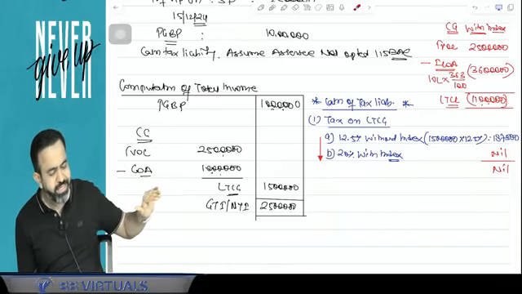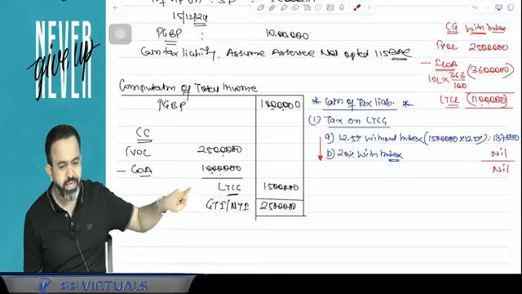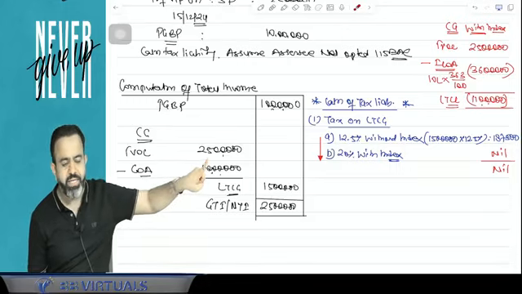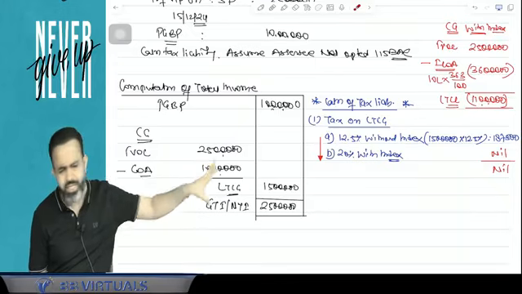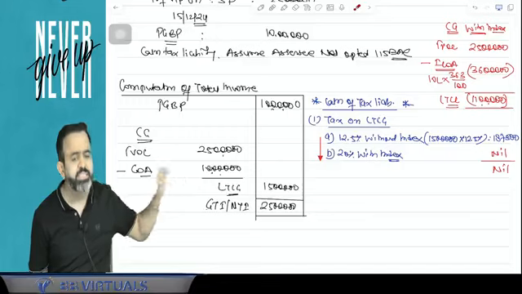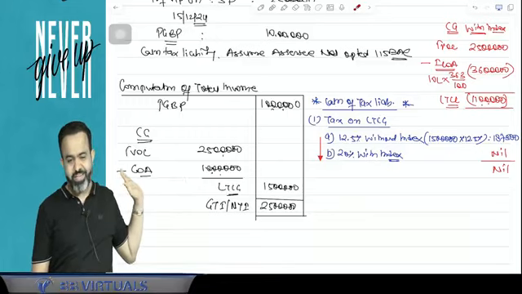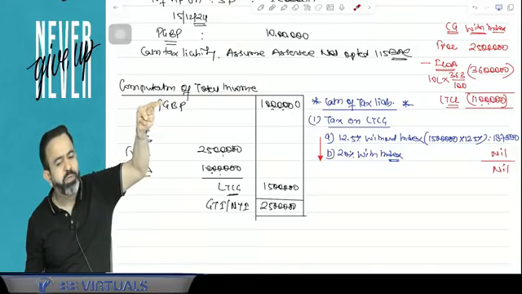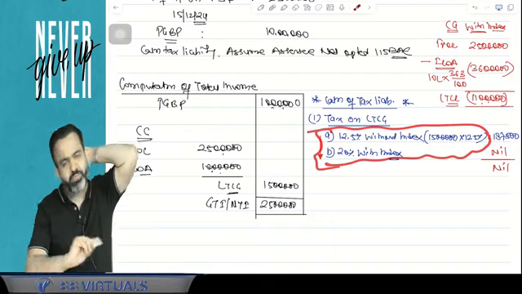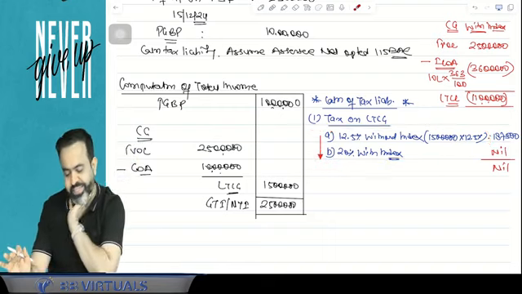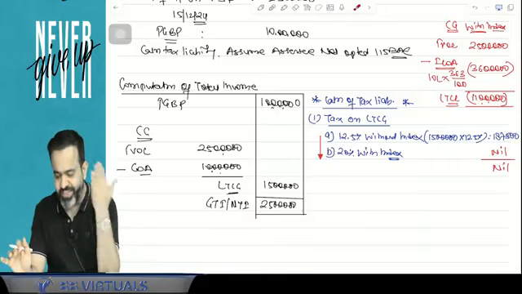For the capital gain amount, for long term, index benefit is not there. Only for the limited purpose of the tax calculation, they have given you the option to pay 12.5% without indexation or 20% with indexation.